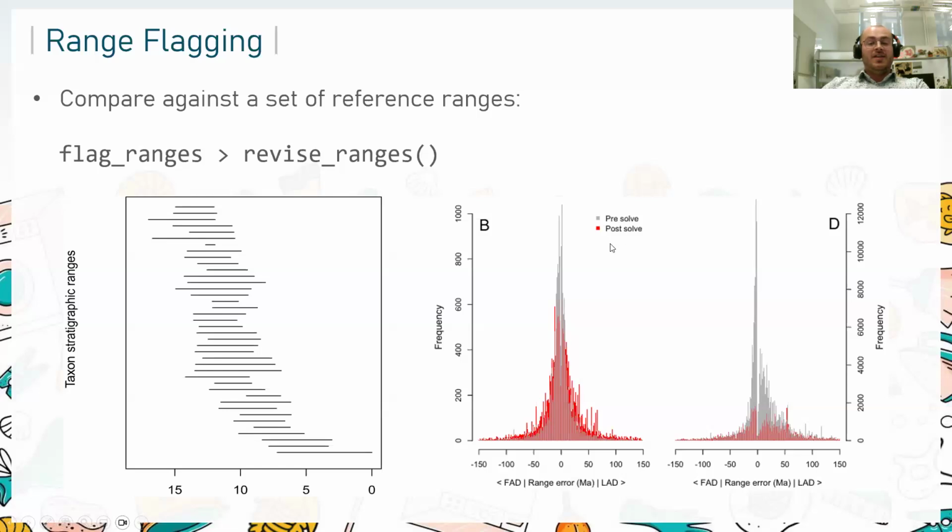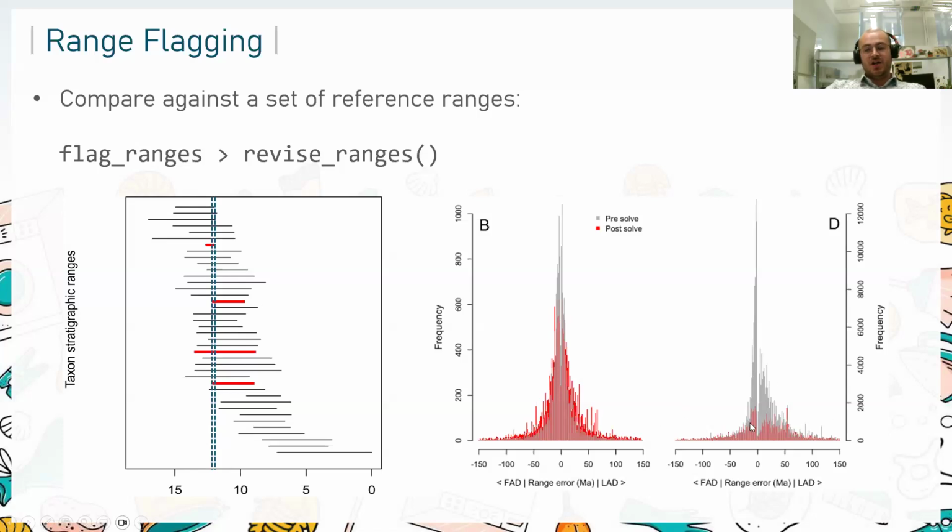What this will do is for a given collection of fossils, a PBDB collection or something specific to your data, it will identify all taxa in that collection with corresponding entries in your set of reference ranges, and it will then try and identify the broadest overlap between that set of reference ranges. If the number of taxa overlapping is above a certain threshold, the default is 75%, it will effectively use the ranges of the taxa in that collection as a calibration for what that collection age might actually plausibly be.